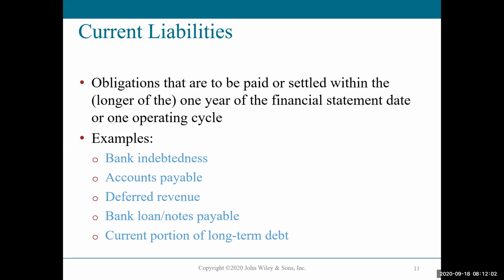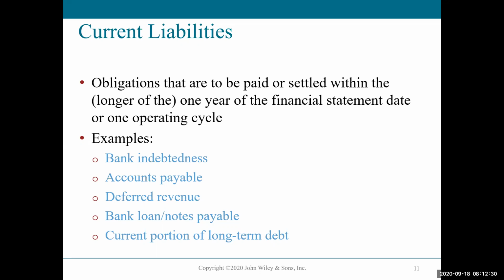Now, these obligations, depending on when they are expected to be paid, can be categorized as current liabilities or long-term liabilities. A current liability is anything that is expected to be paid within 12 months of your last financial statement date. So items such as your bank indebtedness, the money that you owe to your bank, your accounts payable, and deferred revenue.